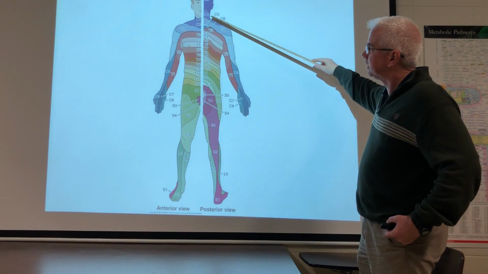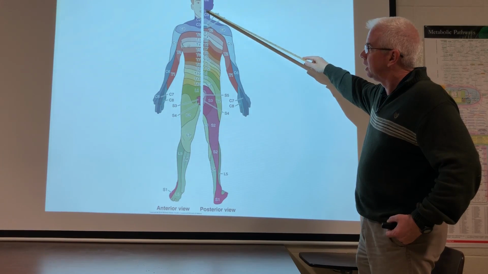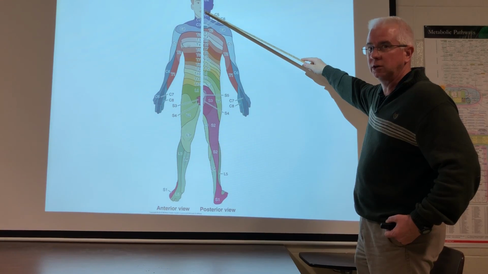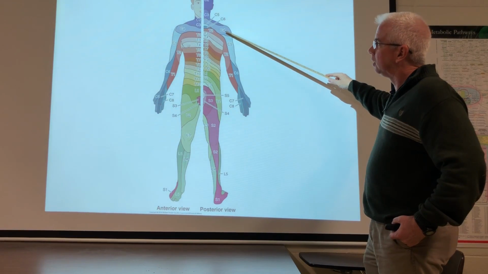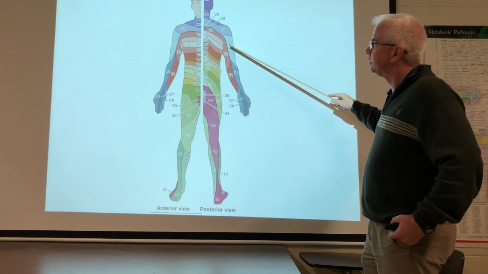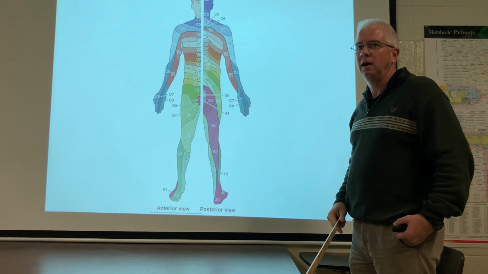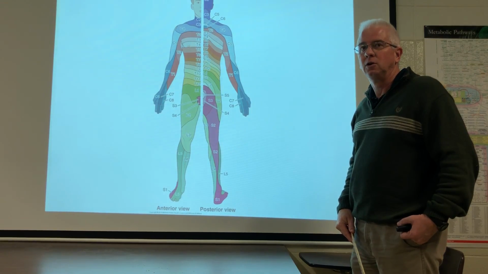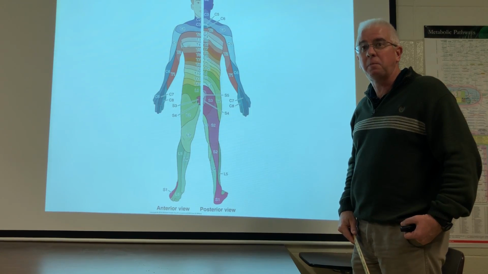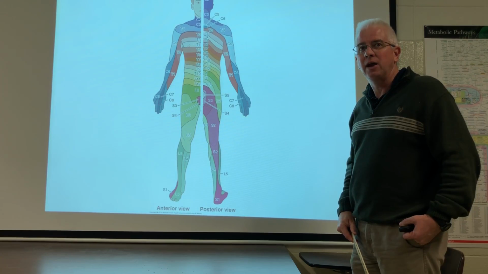On the posterior aspect, I see C3 up into the occipital region here. And C4 then extending along the upper portion of the spine of the scapula and down the margins of the left arm. These are the locations where people experience pain when they are having a heart attack.